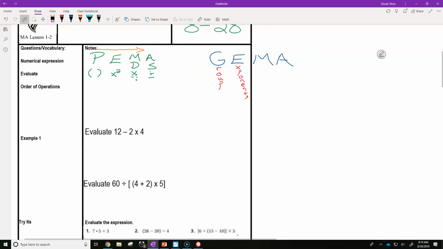And then when you use Gemma, because a number of you have told me, did you say the M is multiply or divide? Okay, so you didn't have an abbreviation for it. Multiply or divide. And then add or subtract. You'll see that we have the exact same thing. It's just which acronym do you like better? And either one's totally fine with me today. Okay? You have to use what works for you.